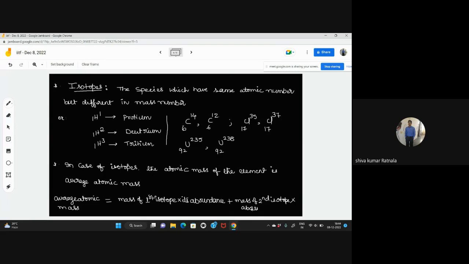If we have a third isotope also, we will write that too, all divided by total abundance, which will always be 100. Abundance means percentage availability.